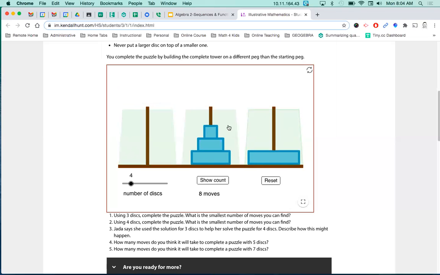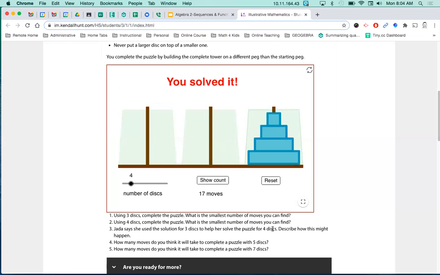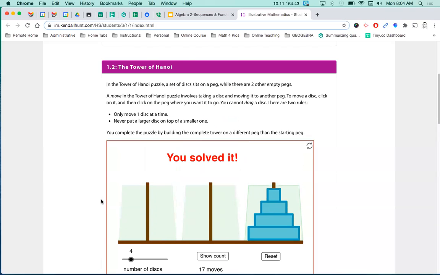That's going to be the first one on the right. And I still don't think I did it right in the least number. All right, but I got 17 moves there to get it back over there. Again, there's multiple ways to do this, but for this puzzle, we were trying to find the least number.